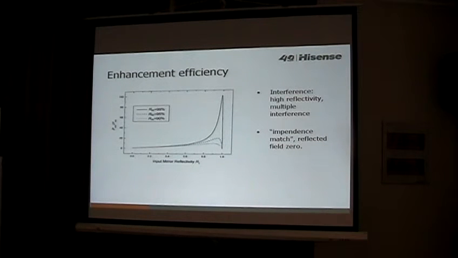This is both good news and bad news. The good news is we can achieve really high power accumulation inside the cavity. And the bad news is we need very high reflectivity for both mirrors. What does this high reflectivity mean? It means when the light wave is reflected by the mirror, it will experience a very tiny portion of loss.